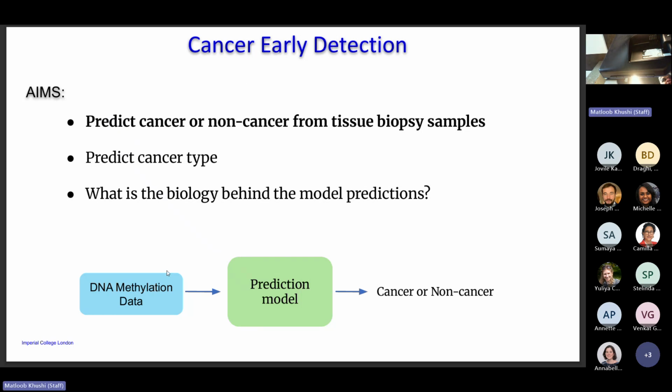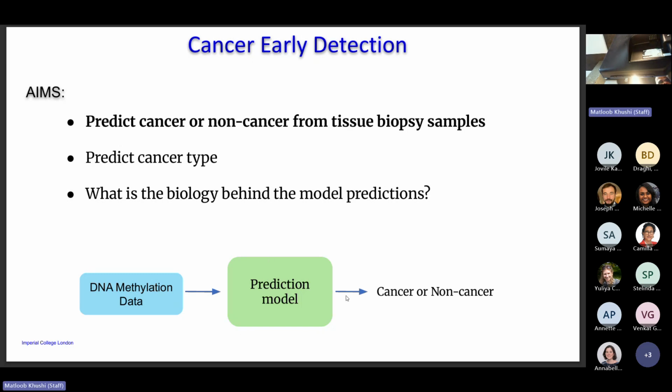The aim of the project was, can we predict cancer or non-cancer from tissue biopsies? And we also wanted to predict the cancer type, and to look into the biology behind these model predictions, right?